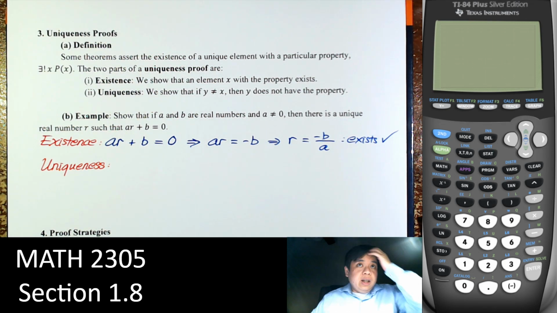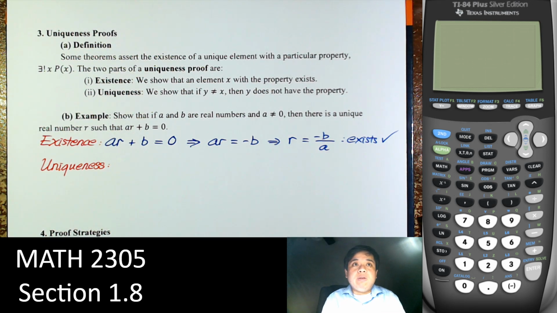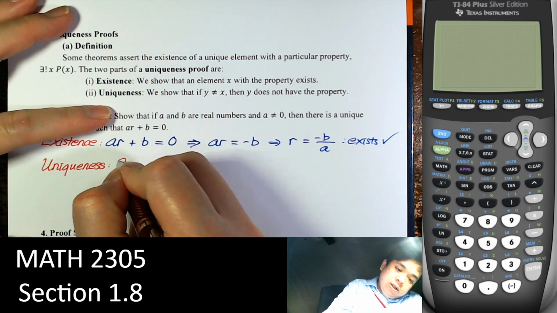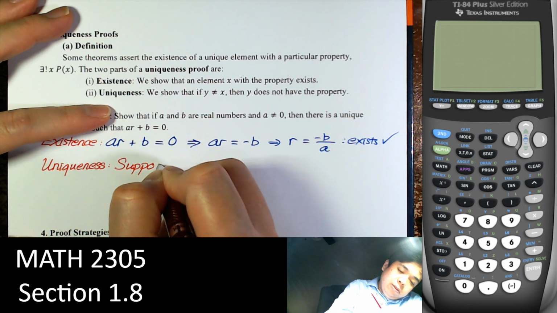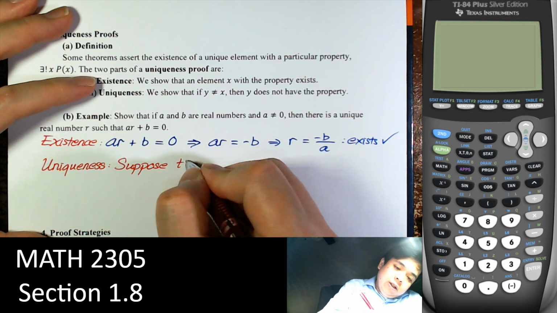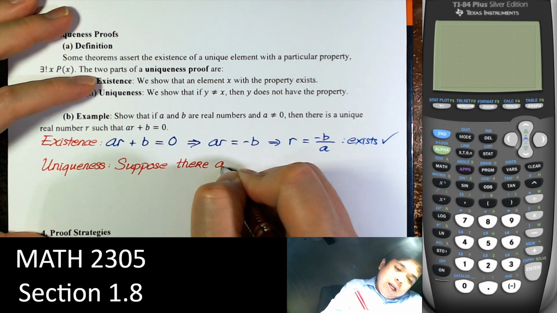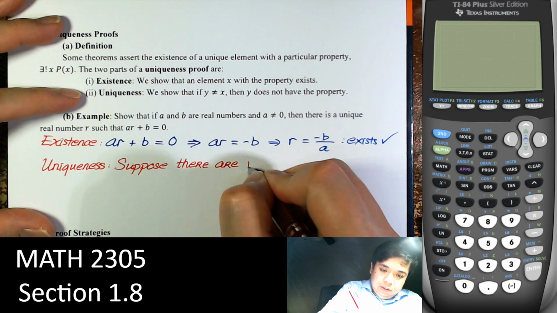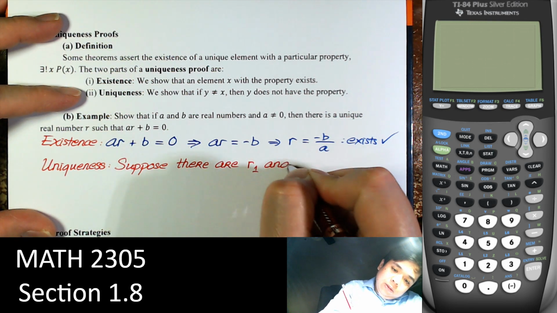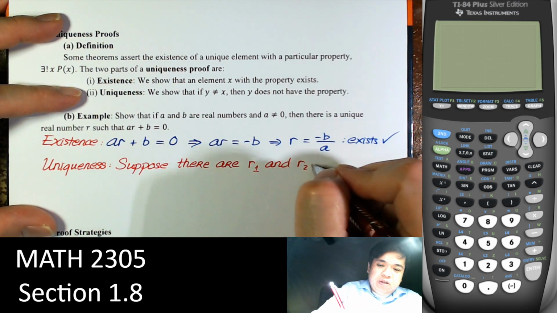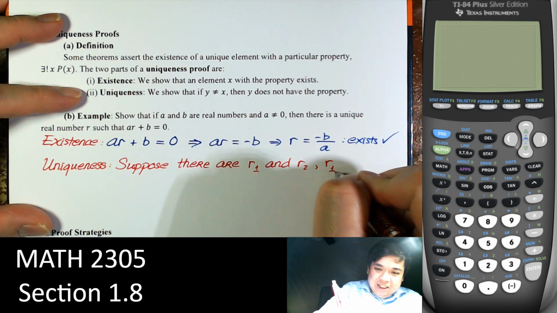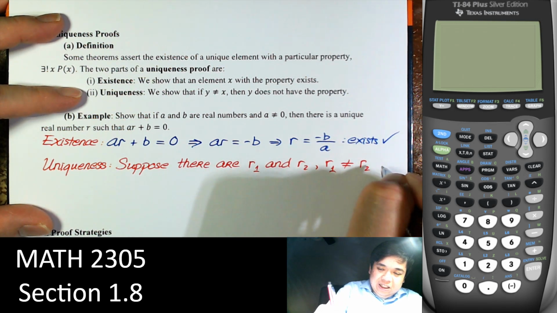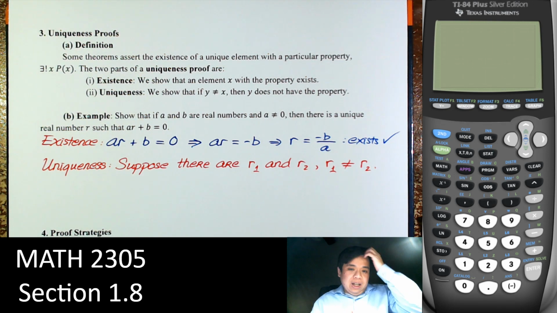For uniqueness, suppose there are two of them. Of course, they have to be different, otherwise it could be unique, right?